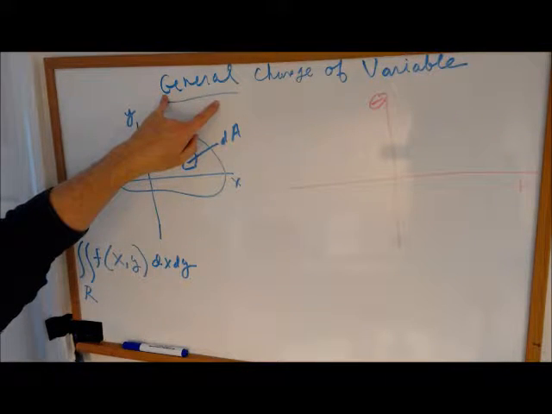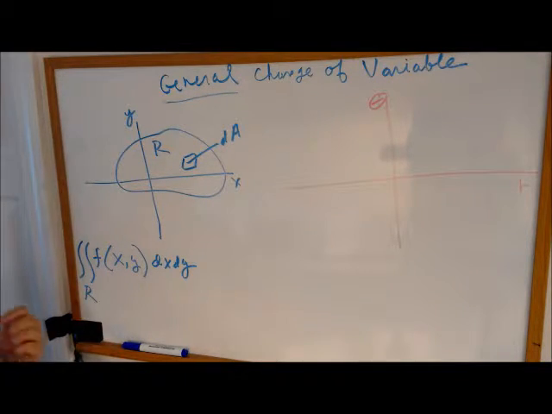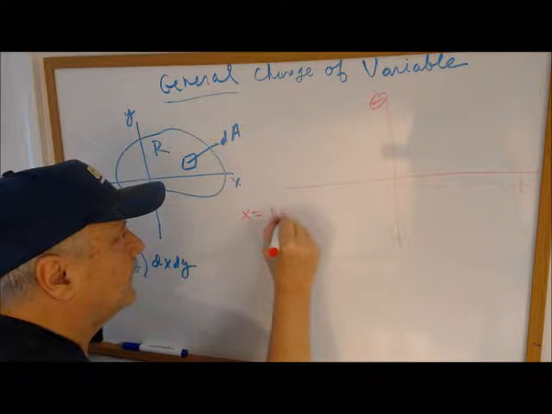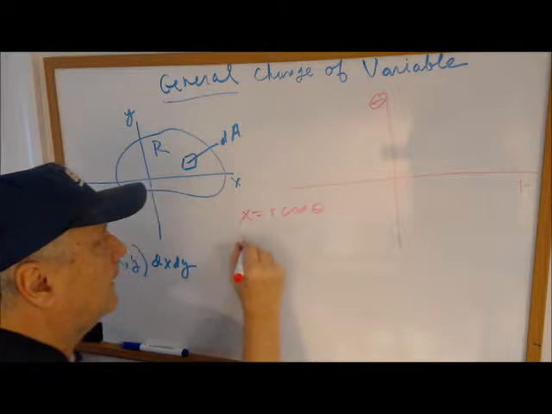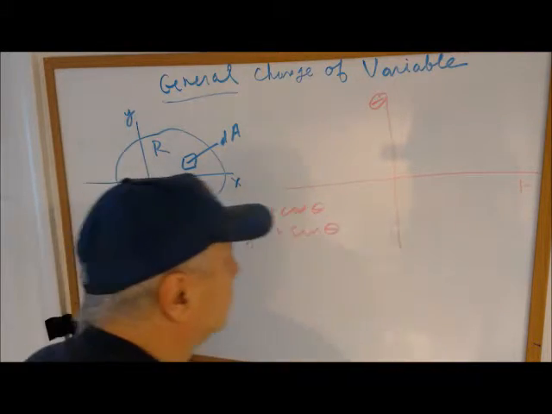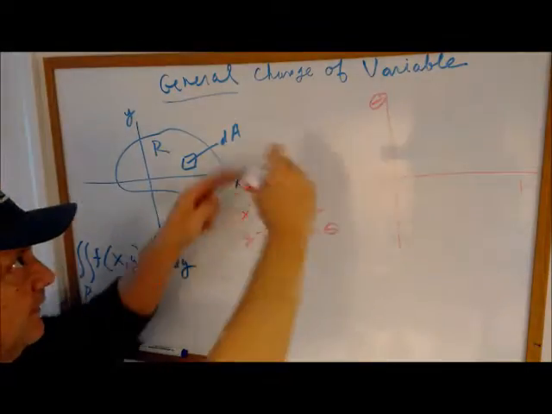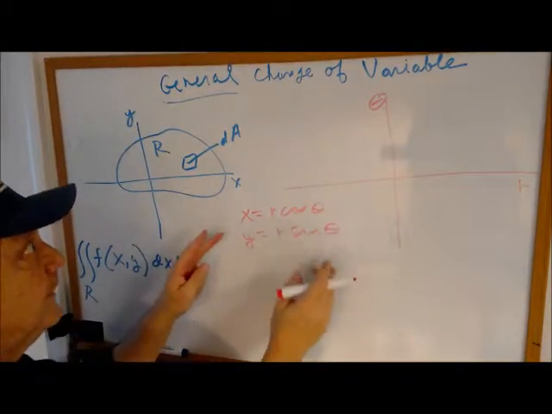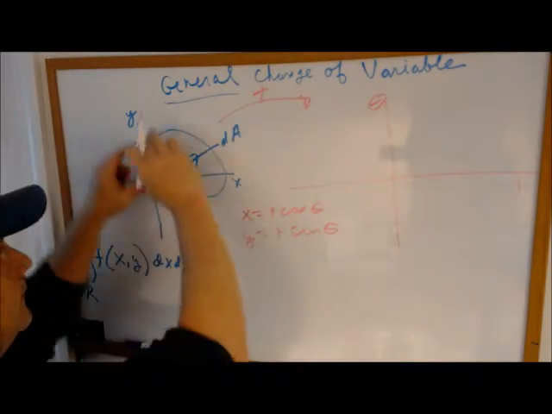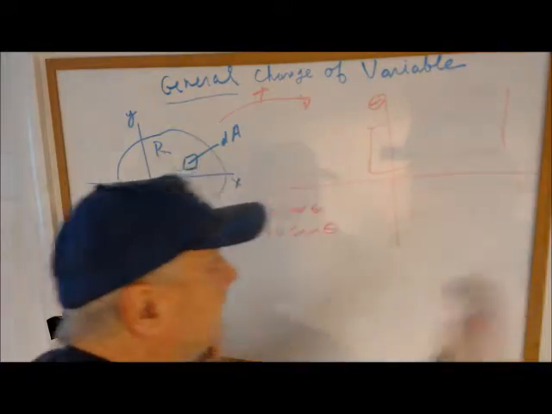Then we'll do the general theorem. So when you do that for polar coordinates, the equations are x is r cosine theta and y is r sine theta. So under this change of variable, which is just a phrase for a transformation, under this transformation, the region, say, turns into something simpler.